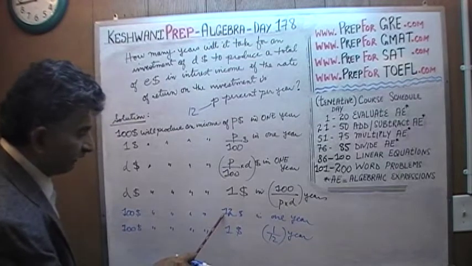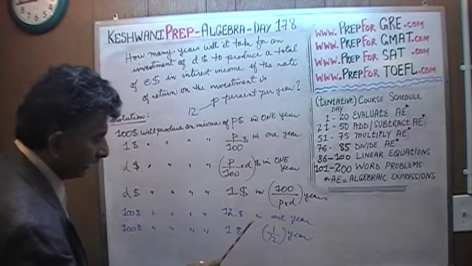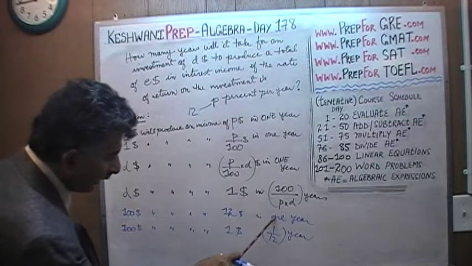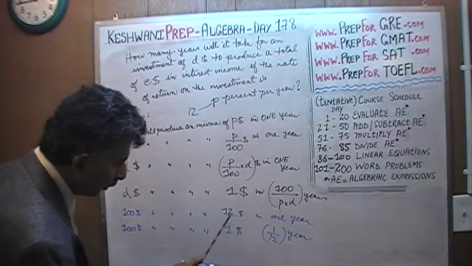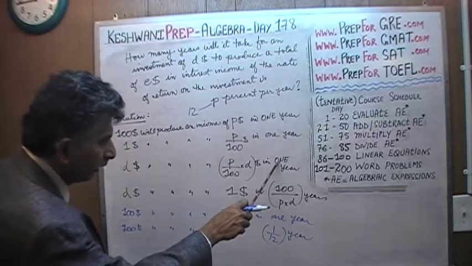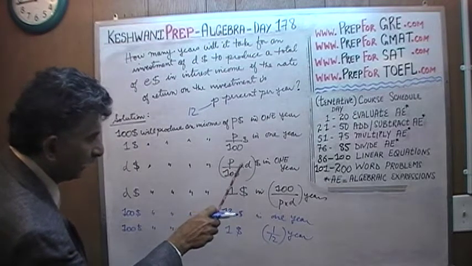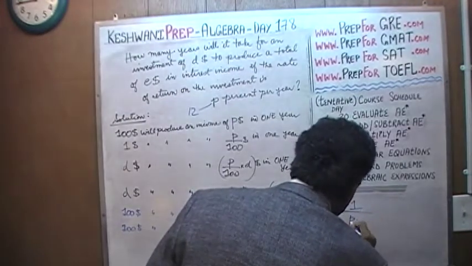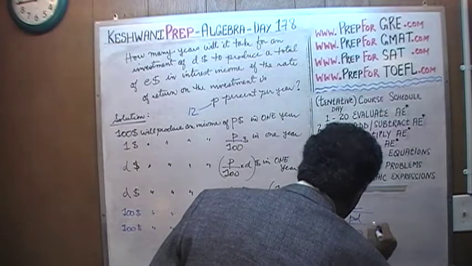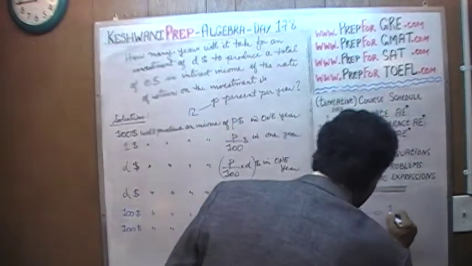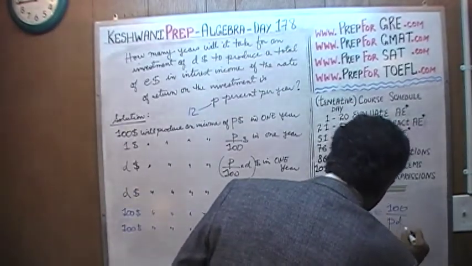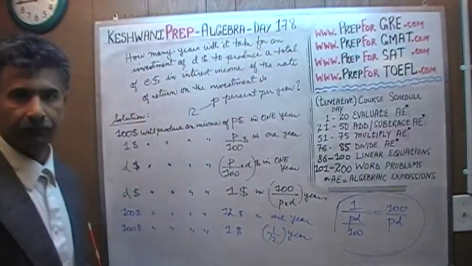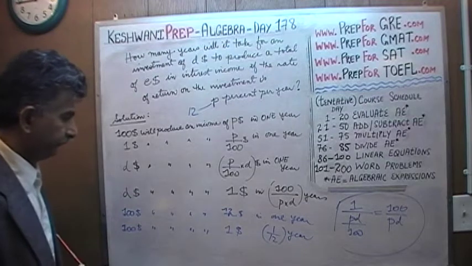So if $12 is the income in 1 year, then the income of $1 should take 1 over 12. Same thing here: 1 over P times D over 100 is the same as 100 over PD, which is what we wrote here, 100 over PD. Do you understand? Let's carry on then.